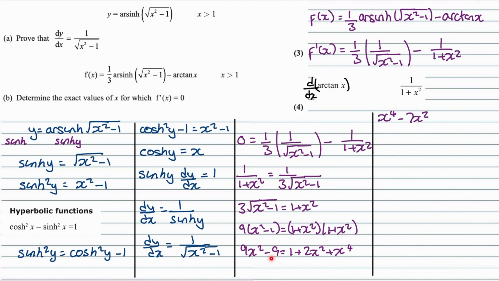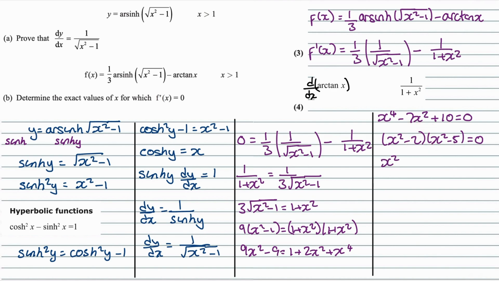And the 1 plus the 9 will give us a 10, and this will equal 0. So we can factorize this. We need two numbers that multiply to make the 10, but add to make the negative 7. So we'll have x squared minus 2 multiplied by x squared minus 5. Can you see that when you multiply these two together, you get the x to the 4? And when you add these two terms together, we get the negative 7x squared.